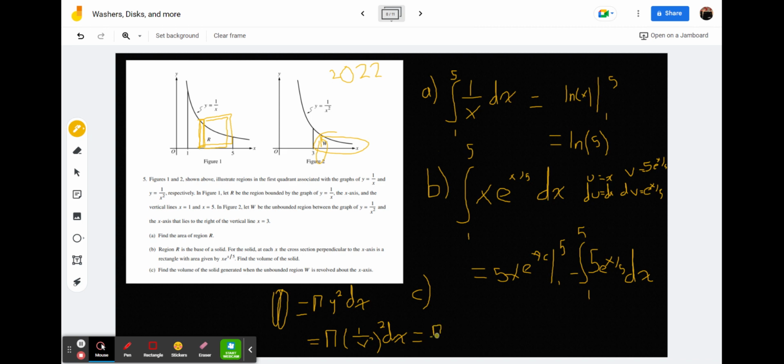This equals pi over x to the 4th dx. And what are our bounds? Well, our bounds are 3 to unbounded, which means infinity. So we have to use an improper integral here.